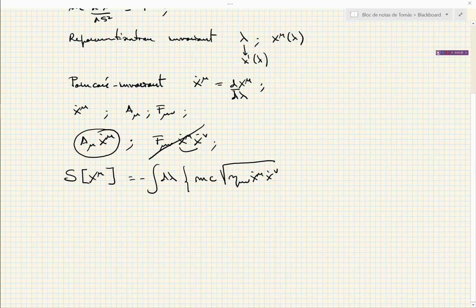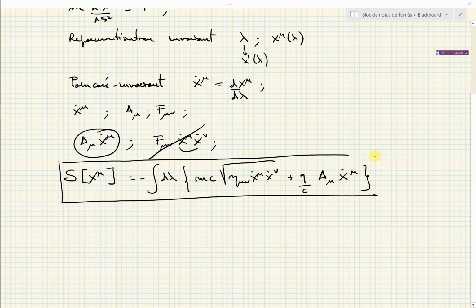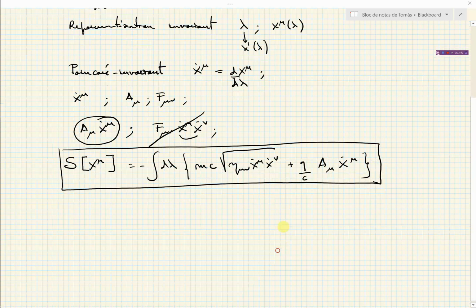This was the kinetic term for the free particle, and now a new term that requires a new coupling constant, which will be the electric charge divided by the speed of light, and then A mu x dot mu. Poincaré invariance is obvious by construction.